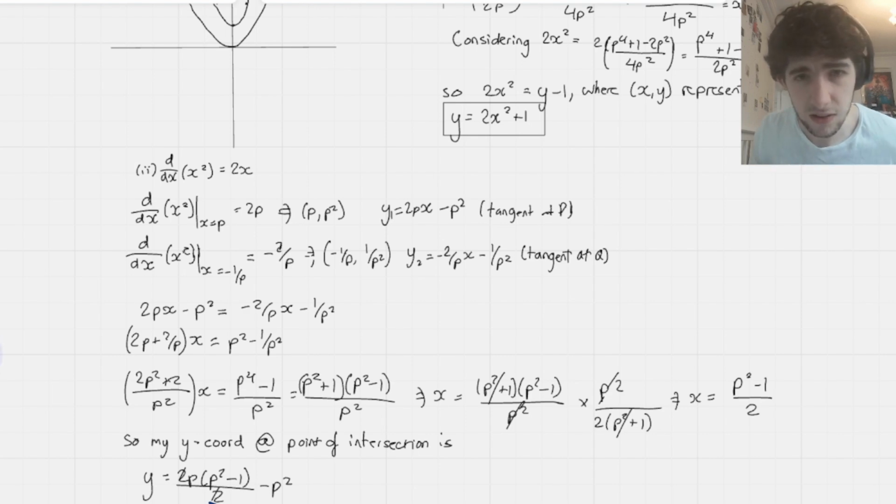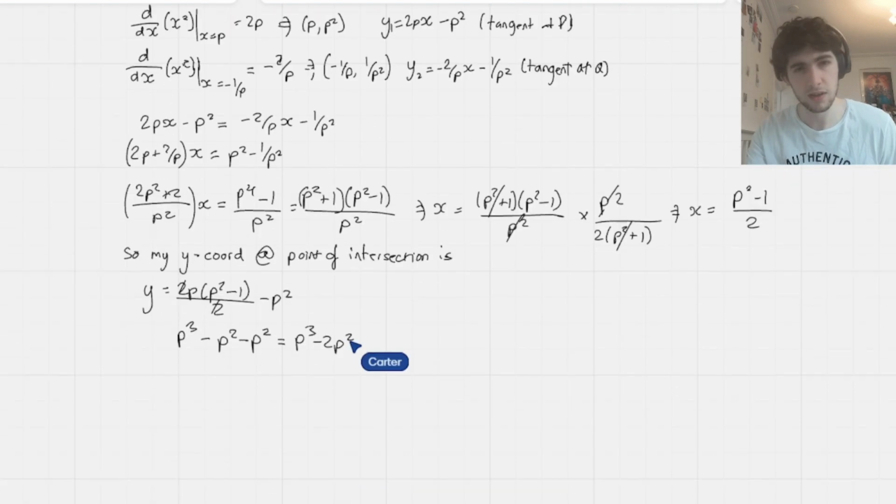And 2p times p squared minus 1 over 2 minus p squared. So this just gives me p cubed minus p squared, which is just p cubed minus 2p squared.